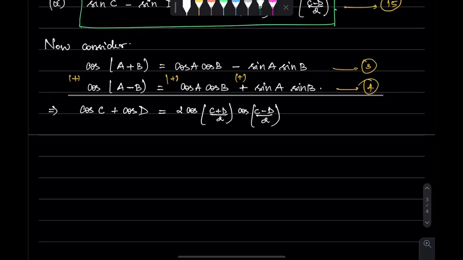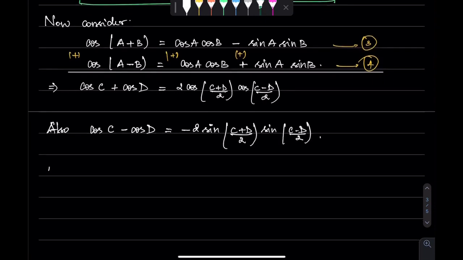So what if I subtract? Also, what do I get? Can I say cos C minus cos D? If I do it accordingly, I get minus 2 sine. I hope you understand. If I subtract it, I think you all will agree with me. I get minus 2 sine C plus D by 2 sine C minus D by 2, children.